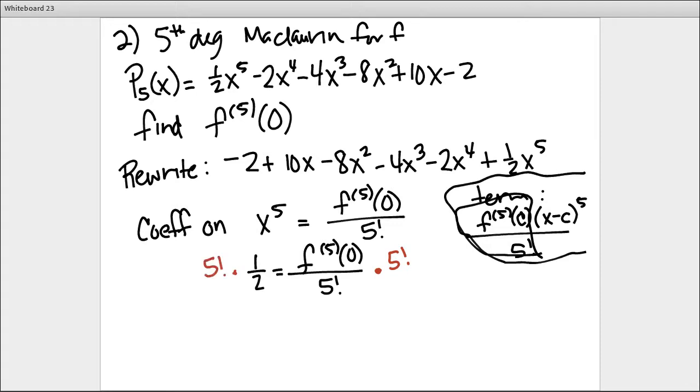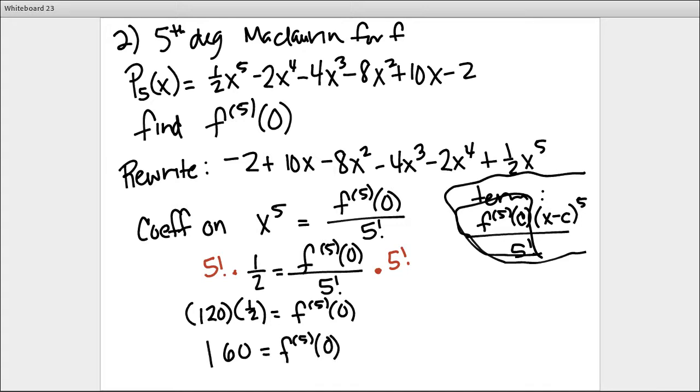And 5 factorial is 5 times 4 times 3 times 2 times 1, so is that 120? 120 times 1/2 is going to equal the 5th derivative evaluated at 0, which means that it's 60. So 60 is your answer.